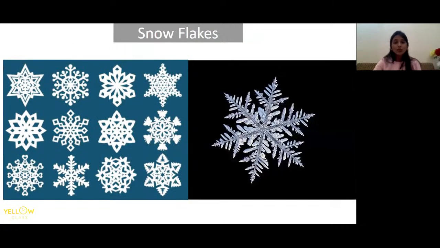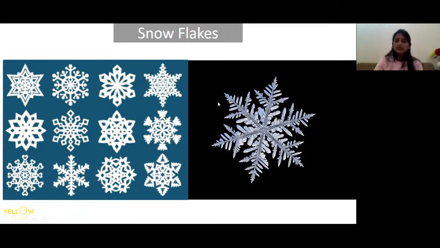Let's see one more thing. Oh, it is very cold. The snowflakes, the snow is falling on us. So, a snowflake is also a symmetrical object. See, on the right side, left side, you can see the different shapes of snowflakes, and all these shapes are symmetrical. And on the right side, you can see the bigger picture of one snowflake.